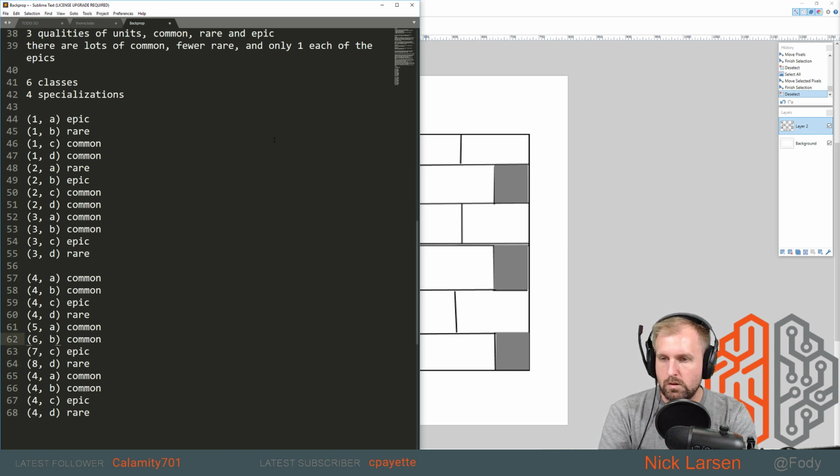Oh shit. 5, 5, 5, 6, 6, 6, 6. Okay. There needs to be 4 epics.